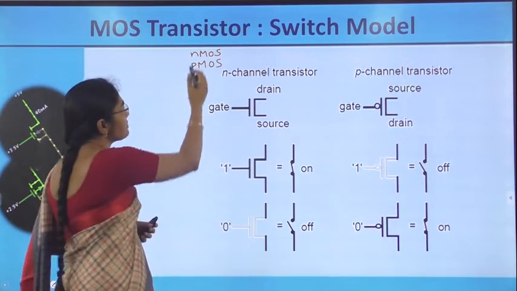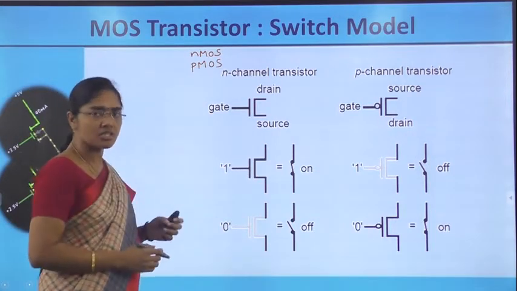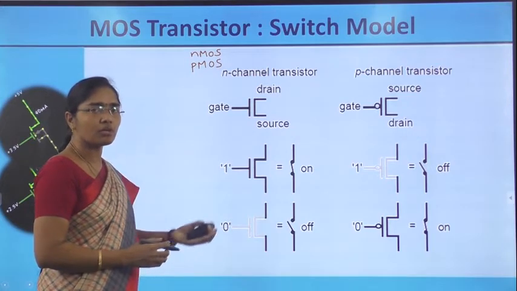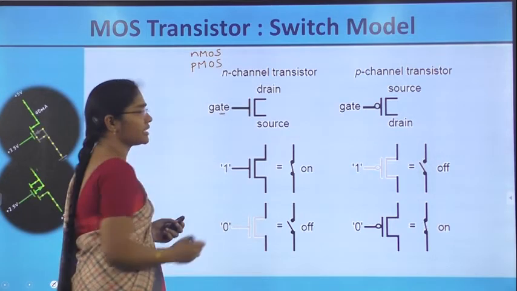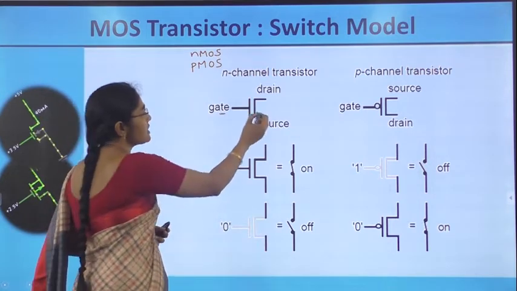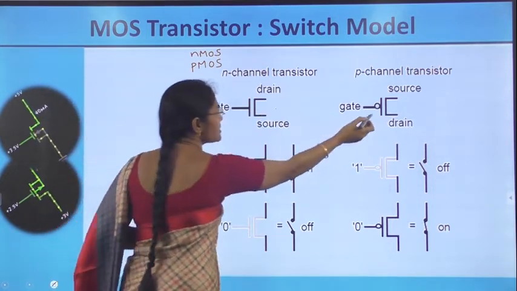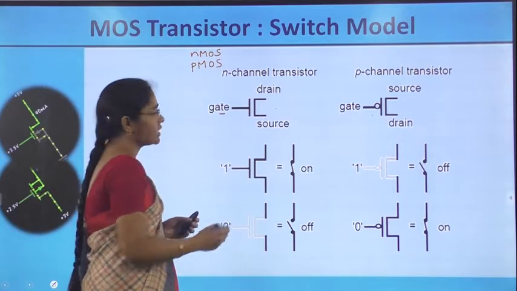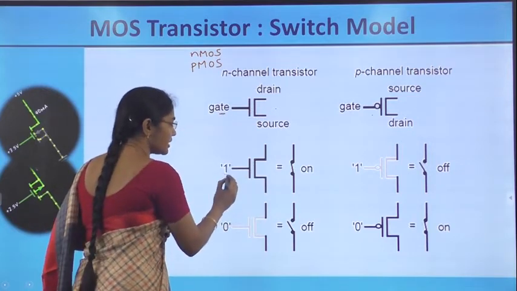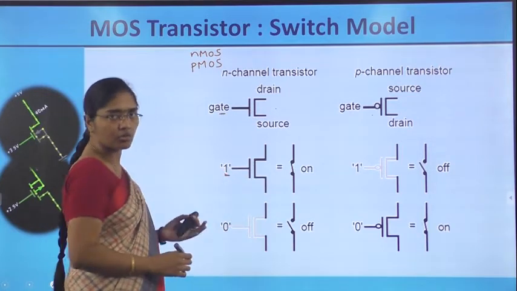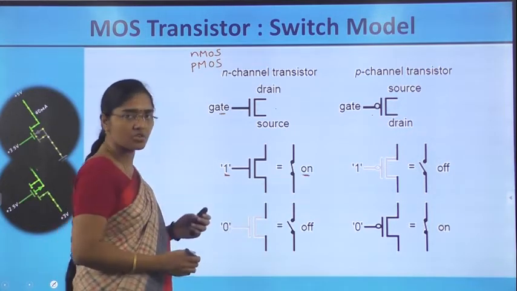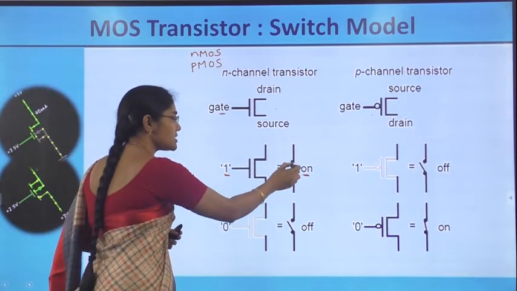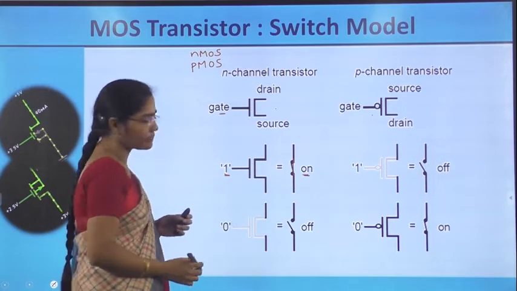This NMOS and PMOS are acting as switches in the on mode and off mode depending upon the voltages applied at the gate terminal. So this is the NMOS transistor and it is the PMOS transistor. When the gate of this NMOS transistor is connected with high voltage, that is logic high, then it will act as an on switch, meaning it will just act as a short circuit.